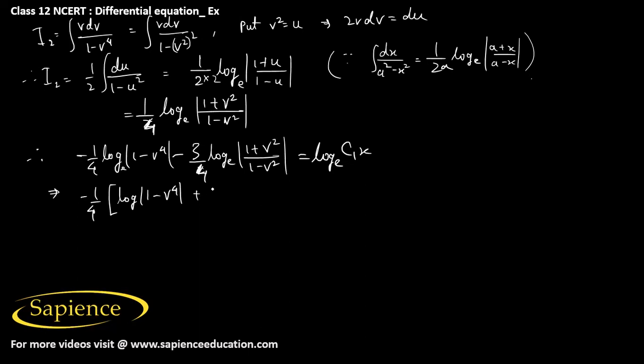So this will be plus 3 log (1 plus v square) by (1 minus v square), that is equal to log base e c1x.